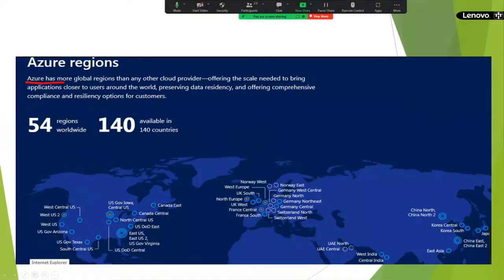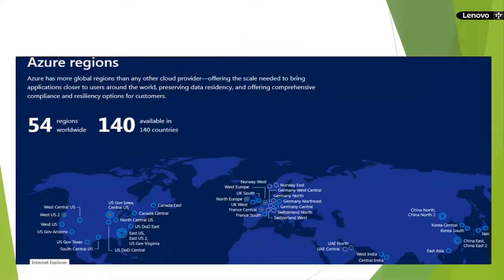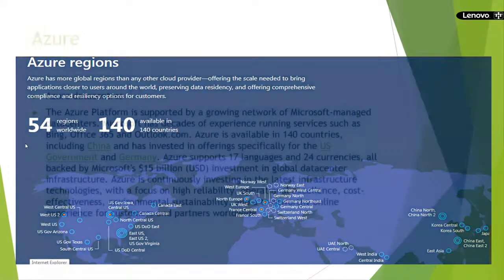Azure has more global regions than any other cloud provider, offering scale, and you need to bring your application closer to customers. If there are any issues, they can sort them out immediately, with low network latency. They provide good support if you are facing any issues. Because of that, Azure has a lot of demand in the market. Most of the clients are migrating from AWS to Azure as well.